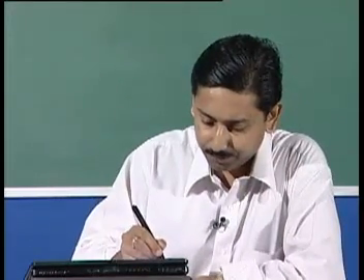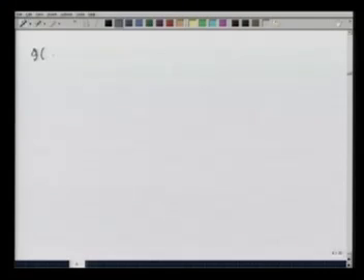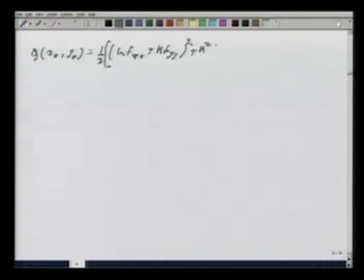So I consider q at x naught y naught, this is half h fxx plus k fxy whole square plus k square into fxx. Okay.